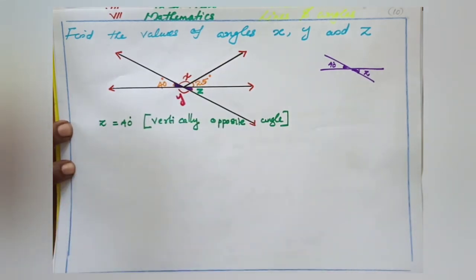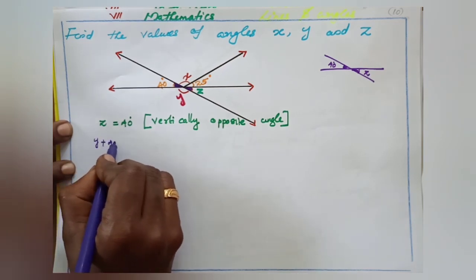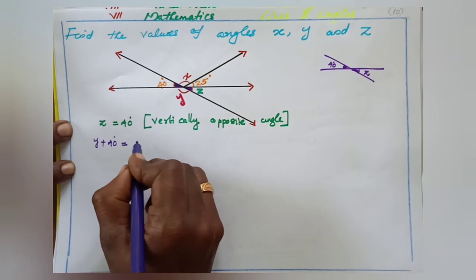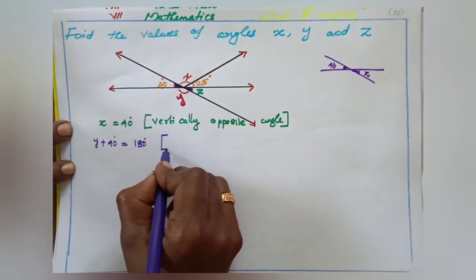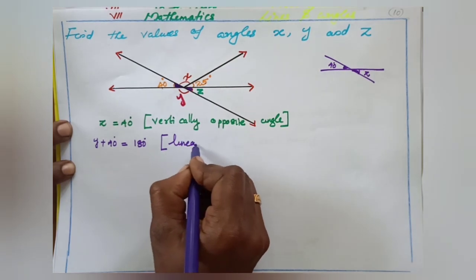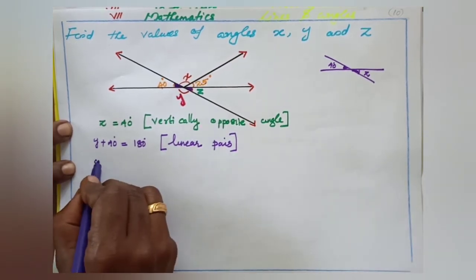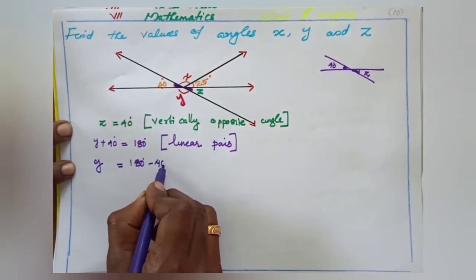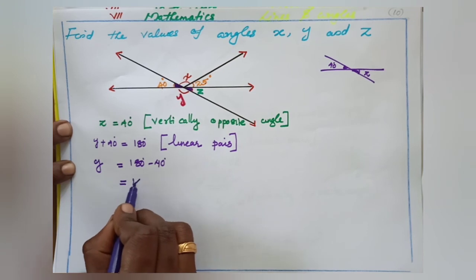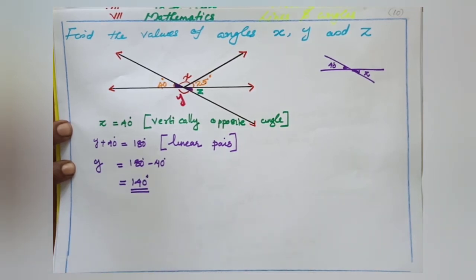So we can write y plus 40 degree equal to 180 degree, linear pair sum is 180 degree. Reason, linear pair. So y equal to 180 degree minus 40, 140 degree.